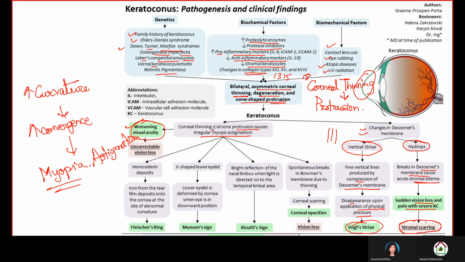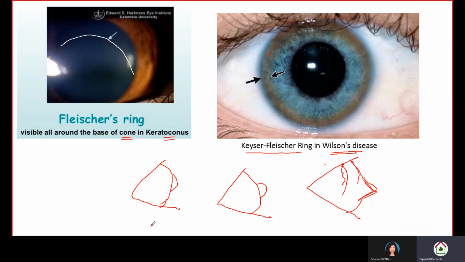Next, due to this myopic astigmatism, what happens? Hemosiderin deposition occurs. Iron from the tear film deposits into the cornea at the site of abnormal curvature and leads to Fleischer ring. So basically, this Fleischer ring is caused by iron deposition.